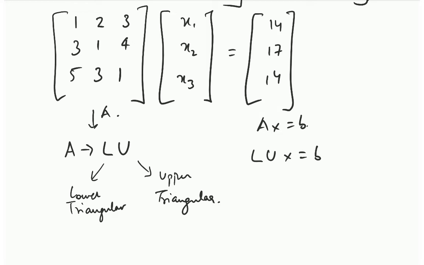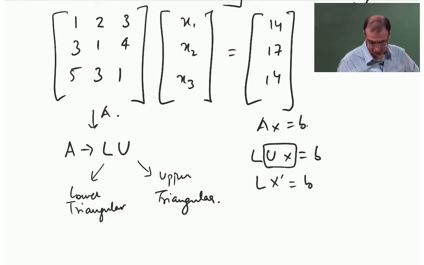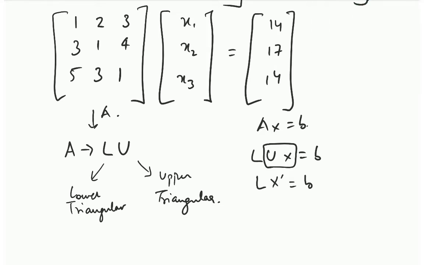So how do I solve this? Well, let me for the time being assume Ux to be some variables x prime, right? So I have my lower triangular matrix, I have a set of variables x prime, and I have the right hand side. So I can solve this. This is simple. If you are given a lower triangular or an upper triangular matrix, it's straightforward to solve this, right? Why?